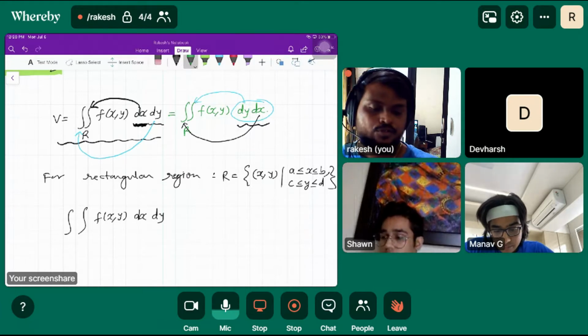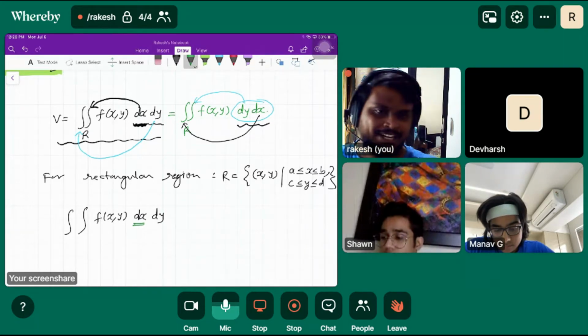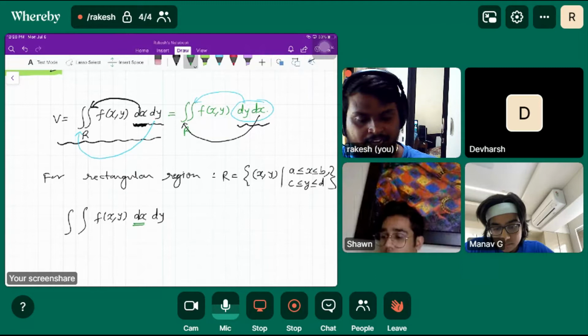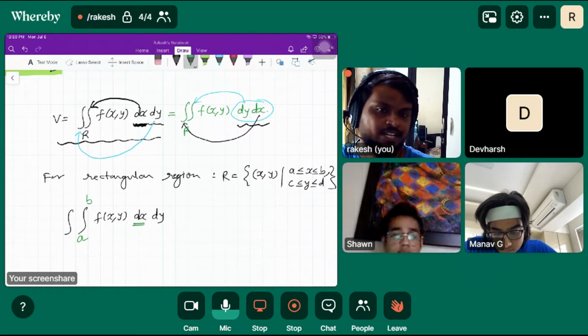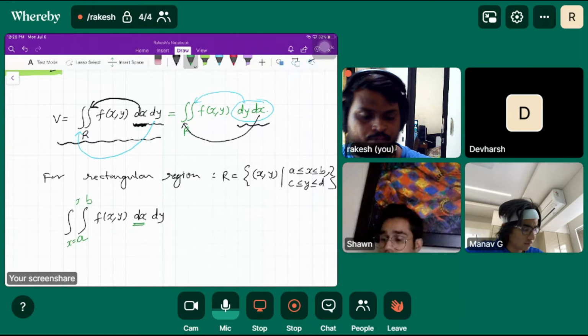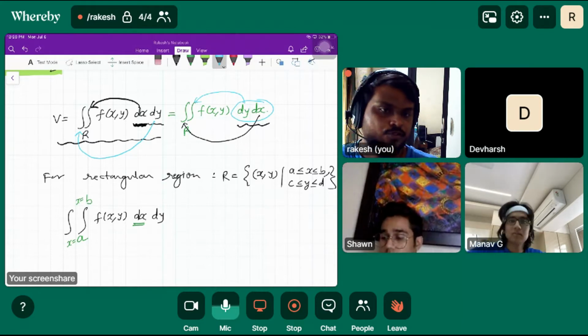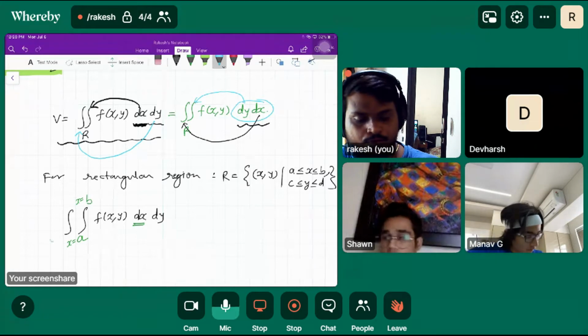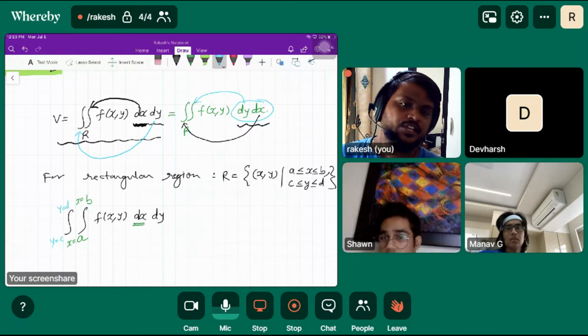So this dx corresponds to the inner integral, and the inner integral has lower limit a and upper limit b, because that corresponds to the x value. So x is equal to a, x is equal to b. And the outer integral corresponds to the y value, so for the outer integral, y is equal to c to y is equal to d.